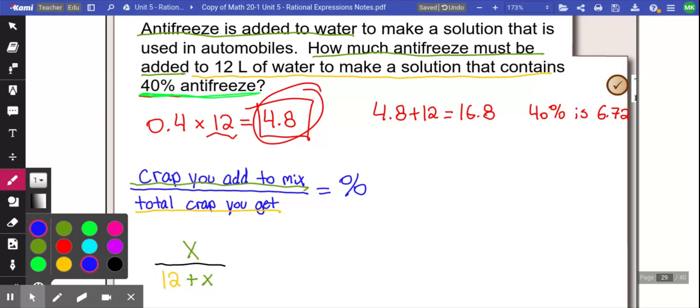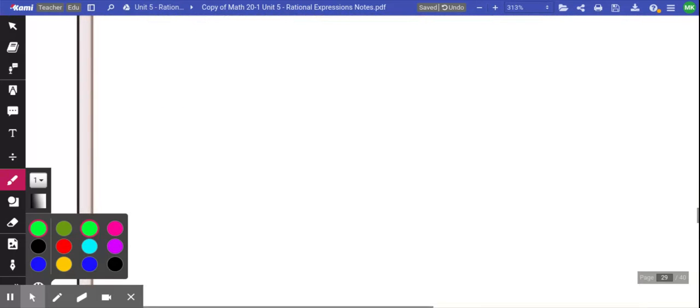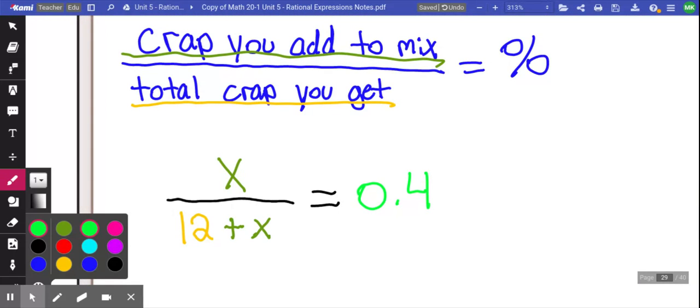And that should equal your percentage, which is 40% antifreeze, which is 0.4. We should change our percentage to decimals, right? And that is my formula. The amount of crap you got to add divided by the total amount of crap you got equals 40%.